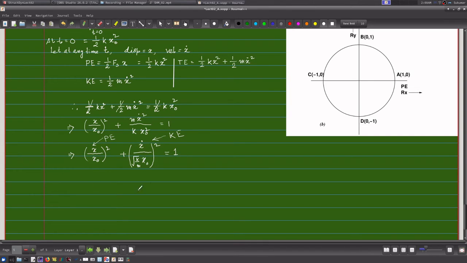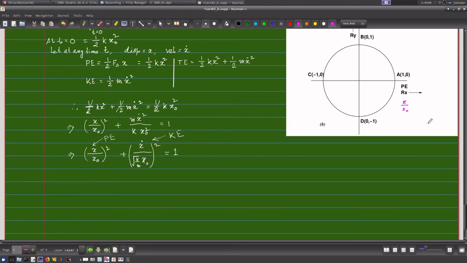Therefore, this is an equation of a circle having a radius of 1, where in the x direction I can put this potential energy term, which is nothing but x by x naught.